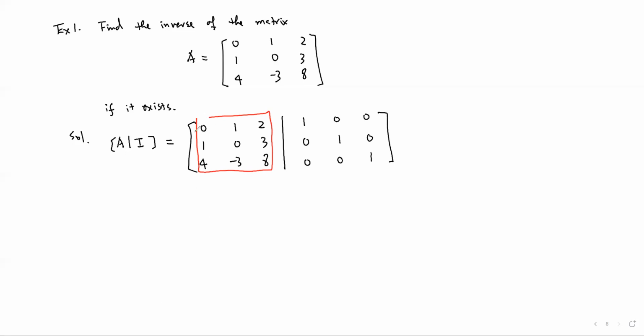Because the 1, 1 entry is 0, I cannot use it to eliminate entries below. So let me interchange the first 2 rows. Row 1, row 2, interchange. Then I get this matrix. The whole first row is 1, 0, 3, 0, 1, 0.